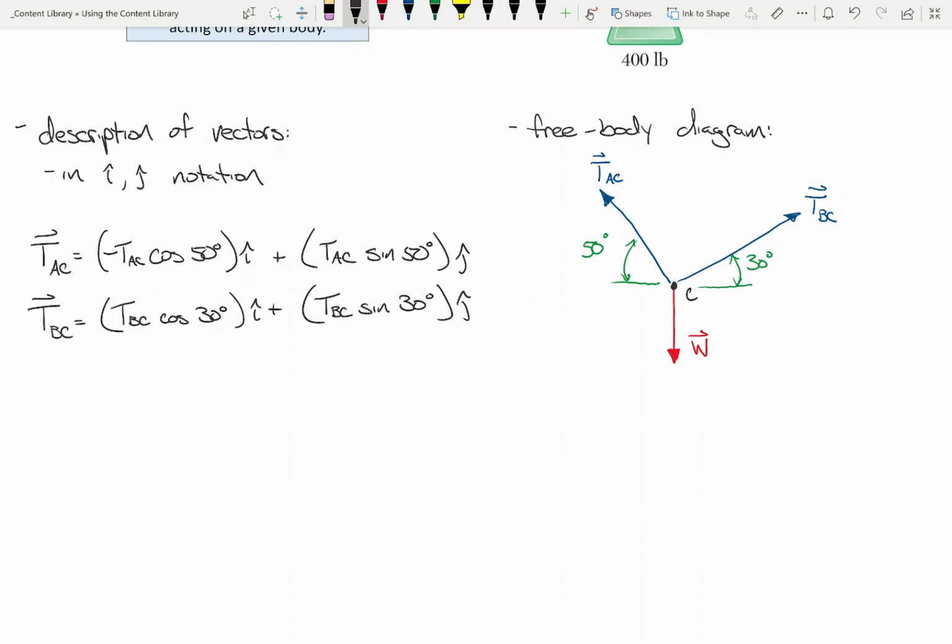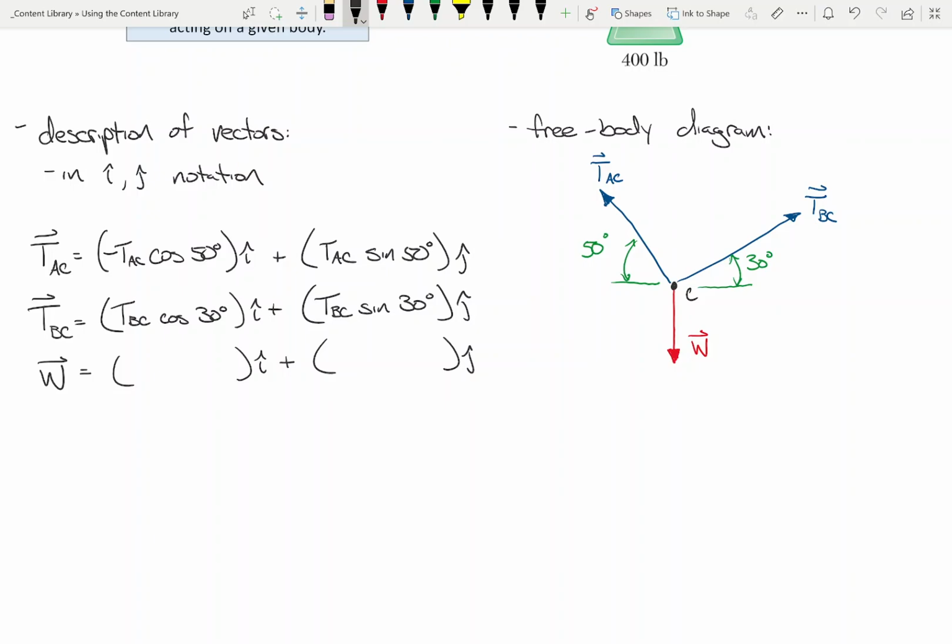Now, I'm going to do the same thing also. I mean, how many vectors are going through point C? Not 1, not 2, but 3. So there's a third one too. Okay? What goes in here? 0. What goes in here?